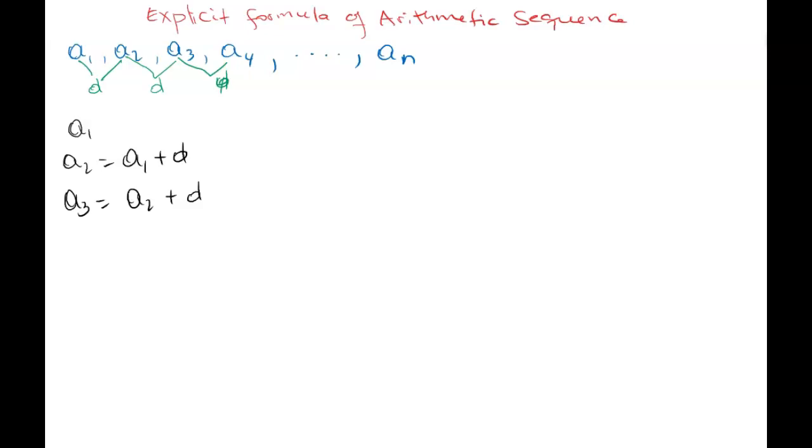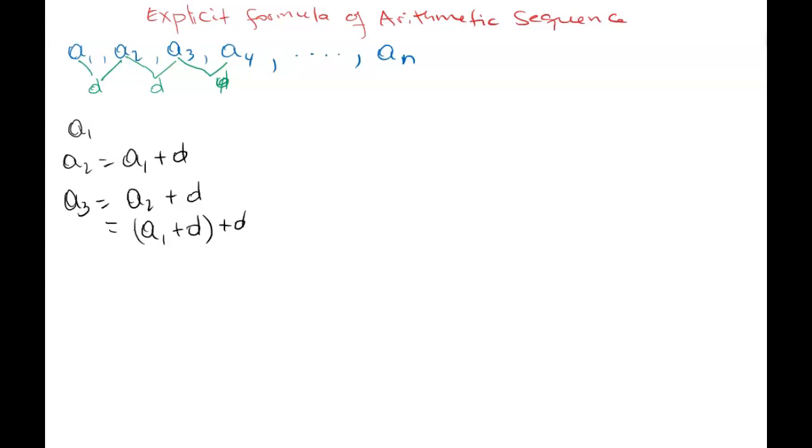We know the value of the second term: it is the first term plus the common difference. So we write a sub 3 equal to the second term, which is a sub 1 plus the common difference, and plus that common difference. So we substitute this whole thing for a sub 2, and then we keep that common difference.